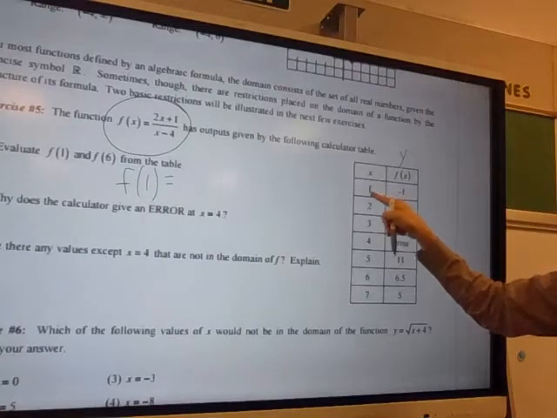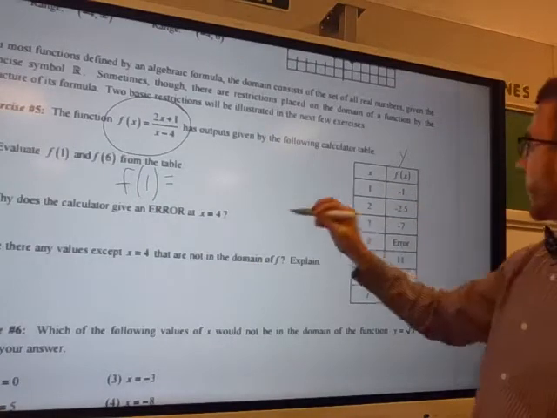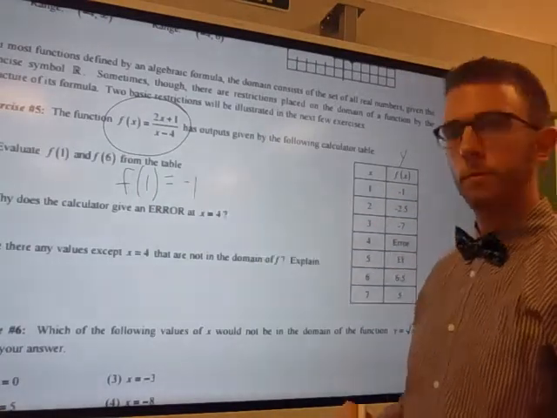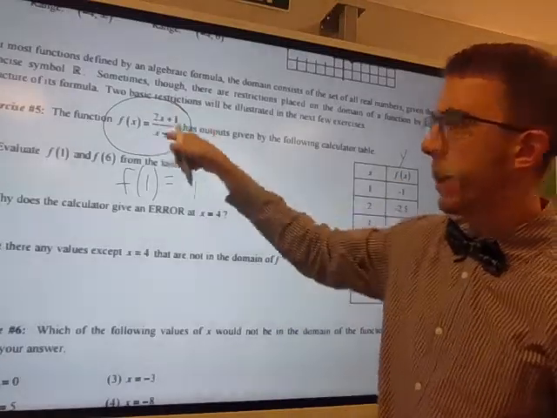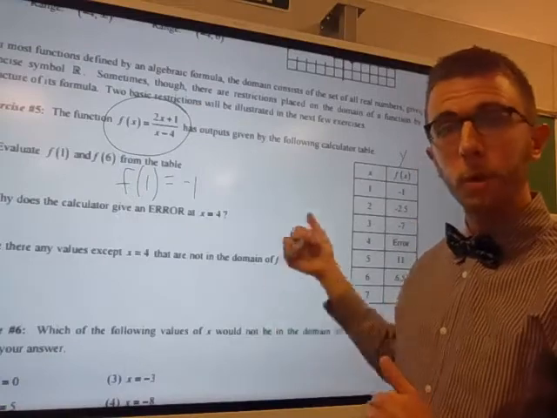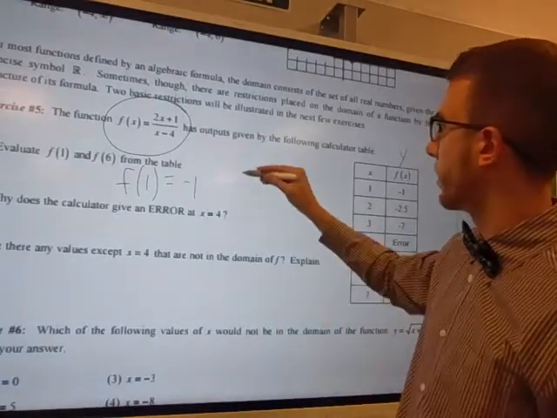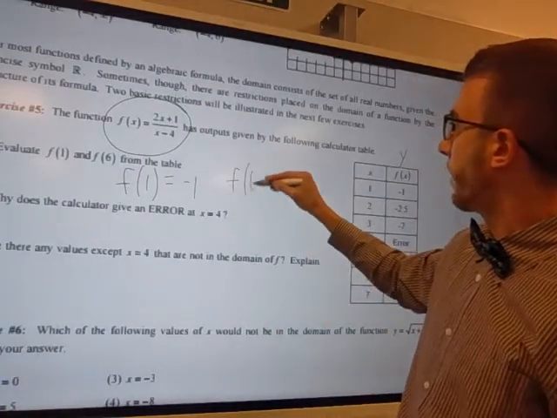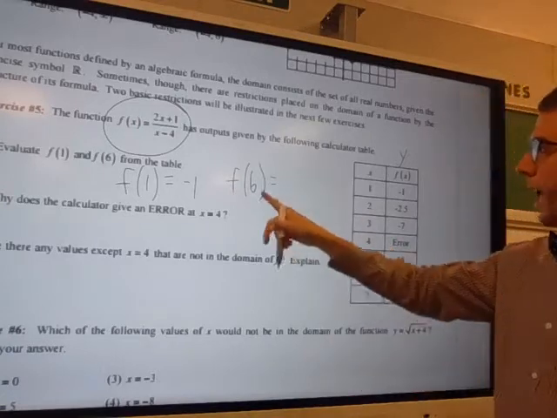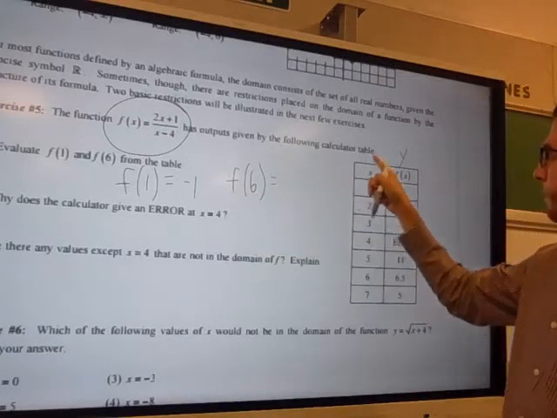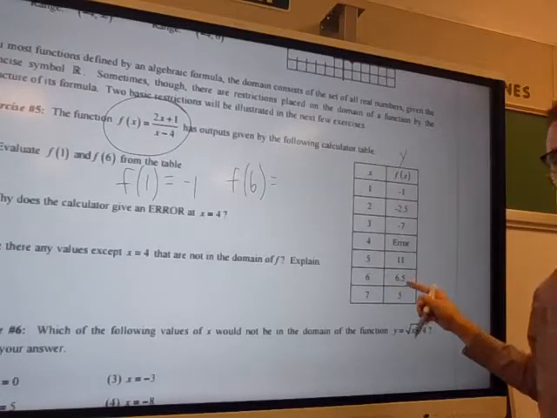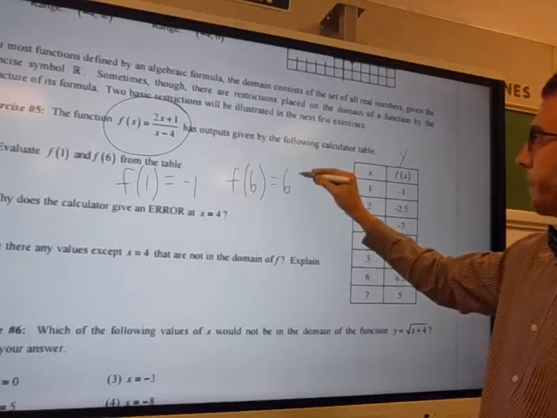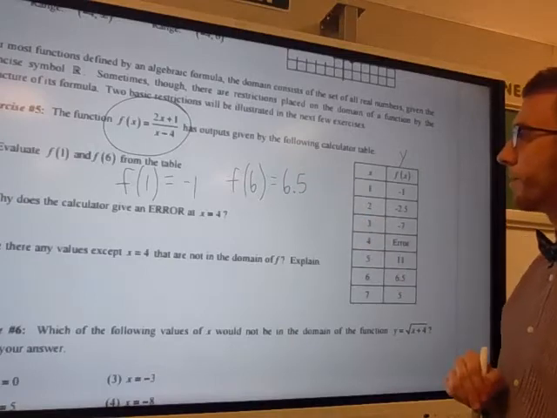When x is 1, I can see my function is negative 1. Okay, we're strictly using the table here. You could go through and evaluate in the equation, but we don't need to because we have a handy-dandy table. Then for f of 6, same idea. Okay, x is 6. So I go down to 6, and I see that when x is 6, my function is 6.5, or my y value is 6.5.